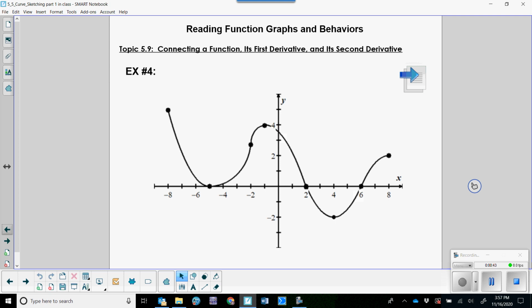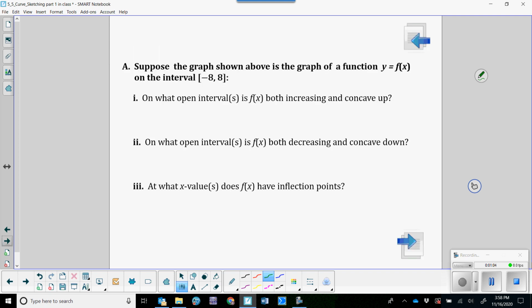Looking at this graph, it is increasing and concave up from -5 to -2, and then again from 4 to 6. That's where you have increasing and concave up. So it is -5 to -2 union 4 to 6. Those are our intervals if this is f of x.